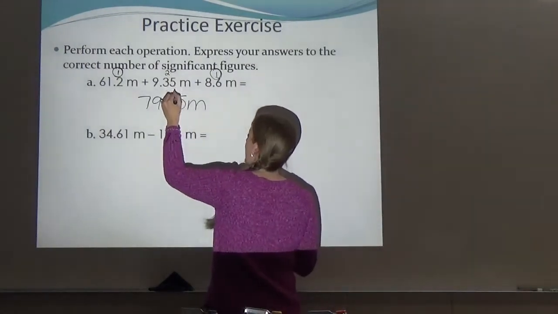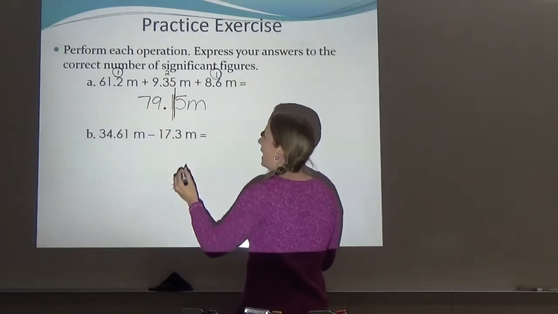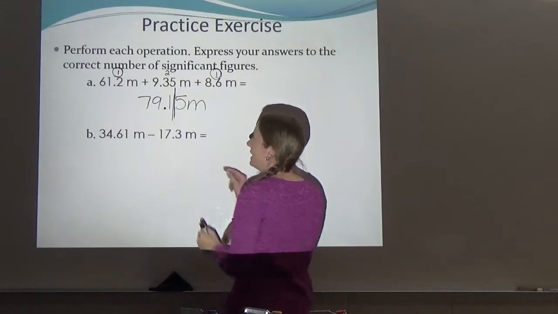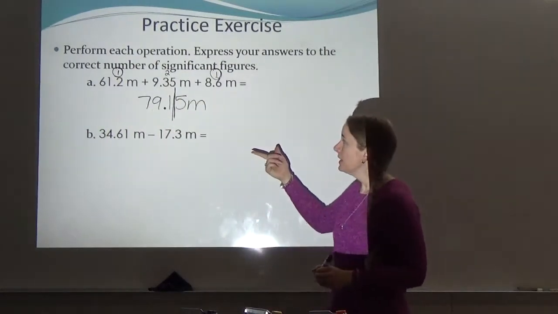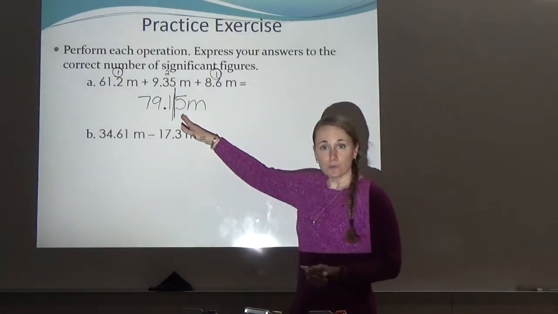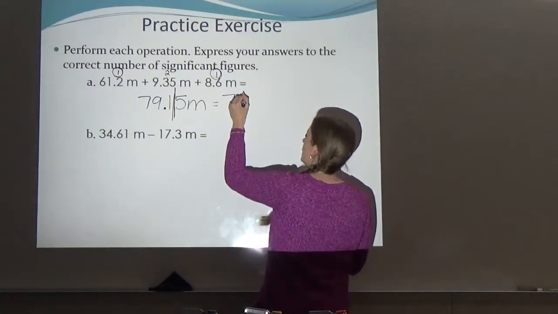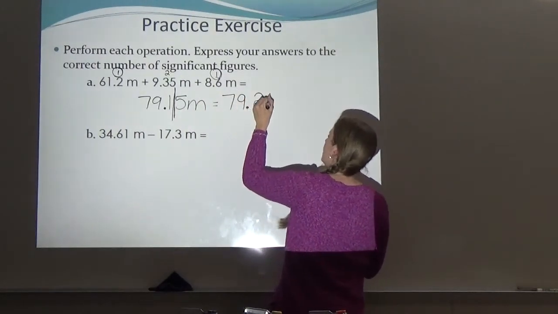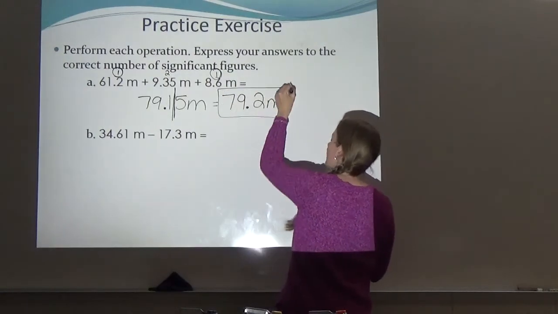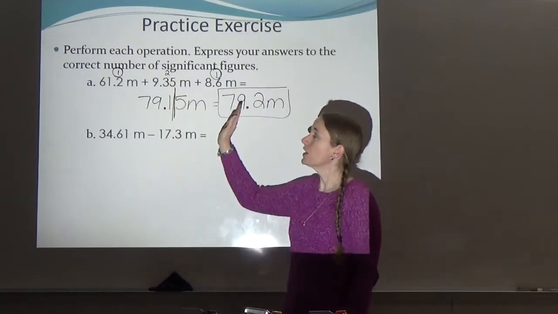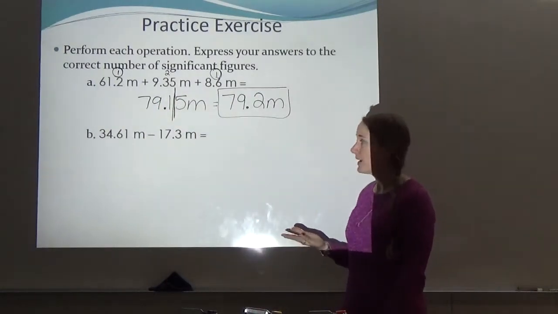So I'm going to round right here, my line's almost on my 1, after the 1. So, you know rules of rounding, 5 and up rounds up, so the 1 becomes a 2, so it's 79.2 meters, and that is my answer. So again, you're just using the significant figures to figure out where in the number you need to round.